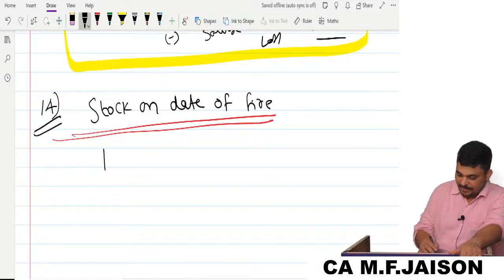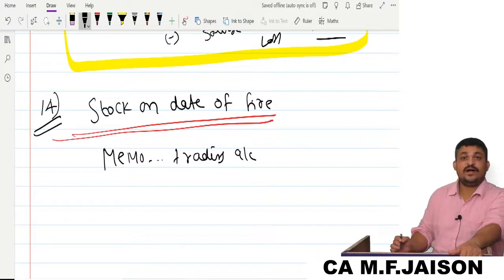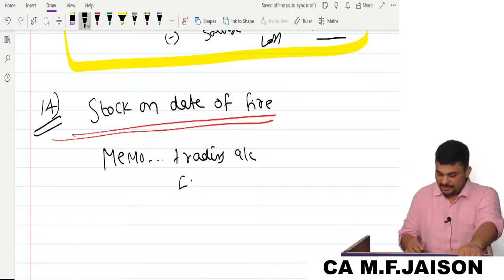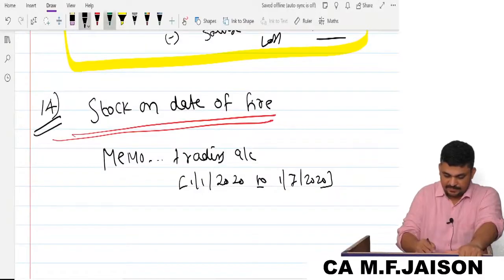We prepare what account? Memorandum trading account. They are following what year? Calendar year. So it is 1/1/2020 to 1st July 2020.